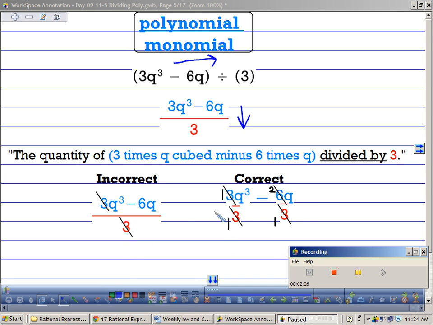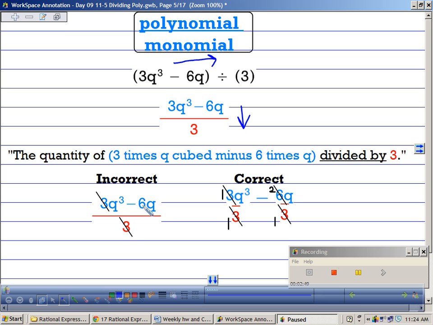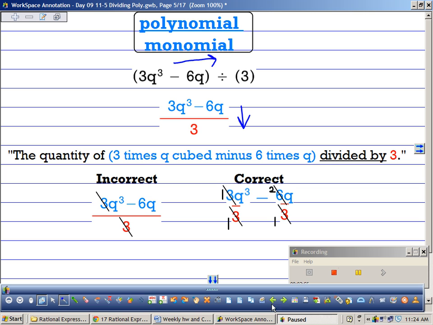You can't do this because if you do, you're saying that 6 gets left out. 6 doesn't get divided by 3. And clearly, both of them are being divided by 3, correct? They only took a 3 out of one of them, not both of them. That's showing an example of why it's incorrect.